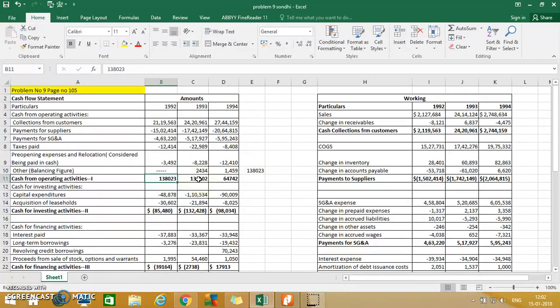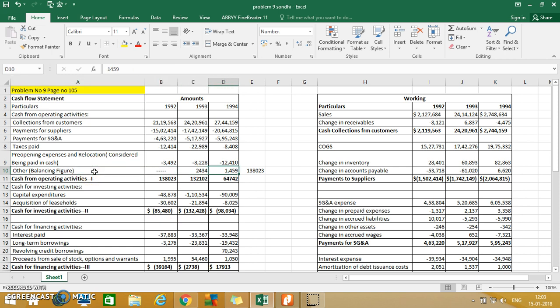In the case of the second year, that is in the year 1993, my cash from operating activities is 132 billion dollars. While when I look at all these items, I sum up all these items here, I find that the amount is 129 billion dollars, and there's a difference of 2,434 million dollars, and that adjustment has been considered here as a balancing number.